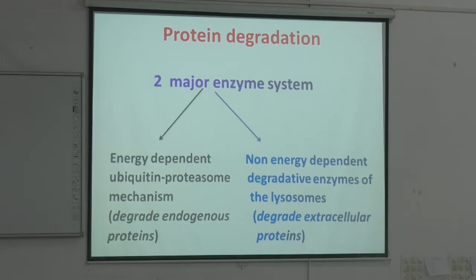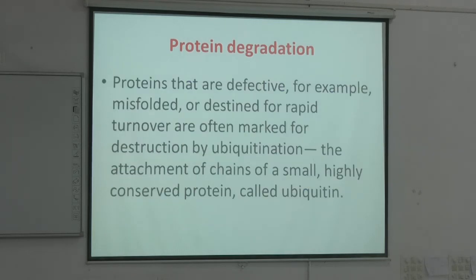Degradation is by two pathways: one is the ubiquitin proteasome pathway, another is the lysosomal pathway. The ubiquitin proteasome pathway is energy dependent, while in the lysosomal pathway energy is not required.